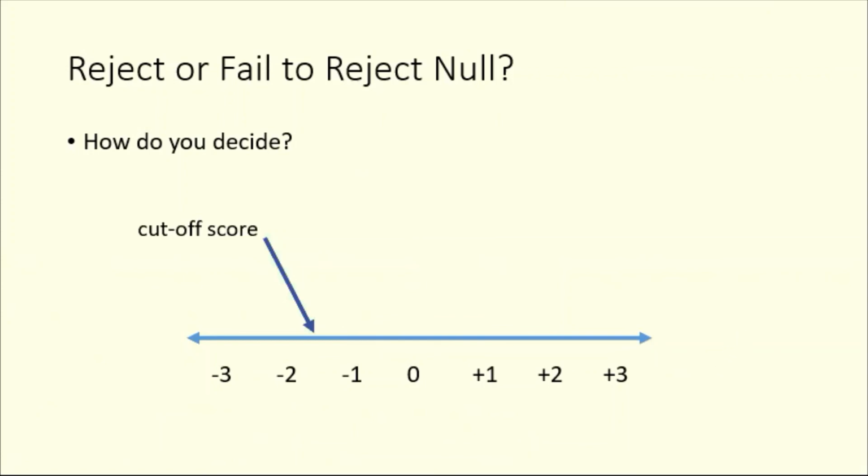And I'm going to remember that my cutoff score was negative 1.75, and my sample t-score was negative 0.67. And so we remember that if our sample t-score is more extreme than our cutoff score, if it's further into the tails, then we're going to reject our null hypothesis. In this case, our sample t-score is not more extreme than our cutoff score, and so we're going to have to fail to reject our null hypothesis here.